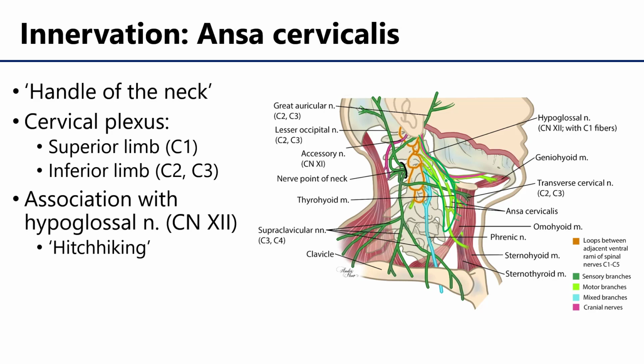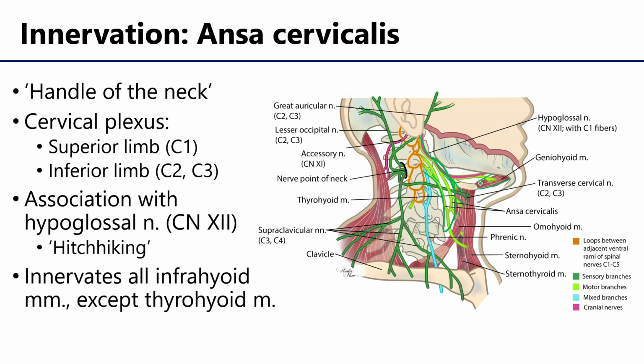Some of them contribute to ansa cervicalis. Some of them are going to innervate the thyrohyoid muscle directly. That's a very unique innervation among the infrahyoid muscles. And some of them will go out and innervate a suprahyoid muscle that we'll discuss shortly called the geniohyoid. So when we think of ansa cervicalis, it's innervating all of those infrahyoid muscles with the exception of thyrohyoid.